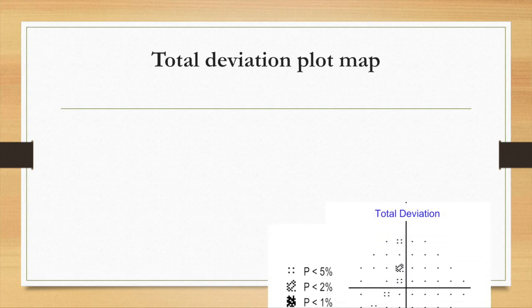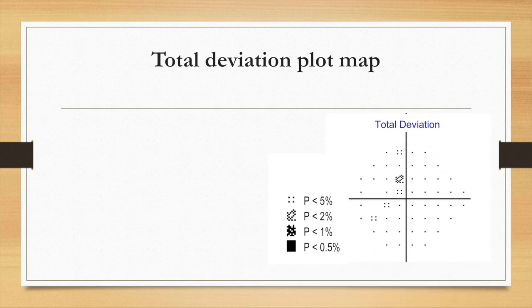Now the total deviation plot map, you can see here how the map presents. We can see the dots and their different kinds of scotoma. Four dots where the p-value is less than 5%, and a lighter shaded box where the p-value is less than 2%.